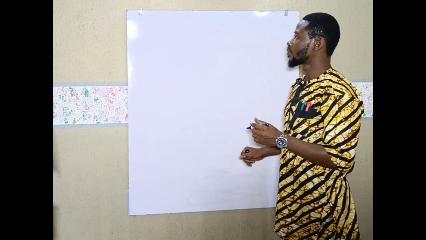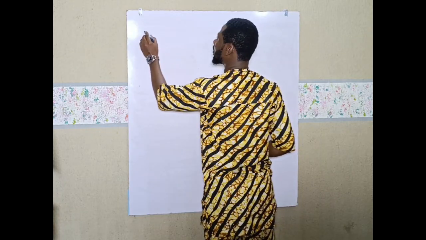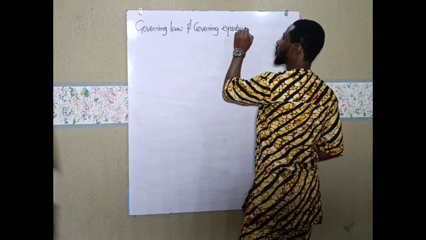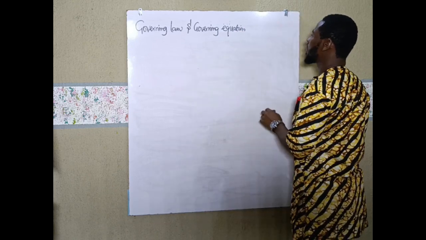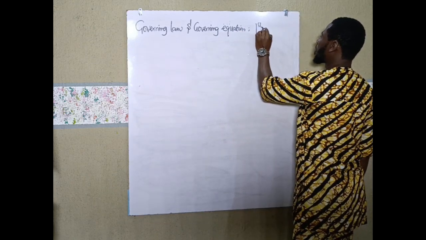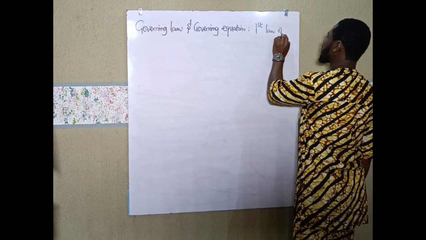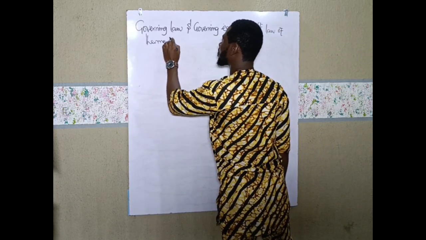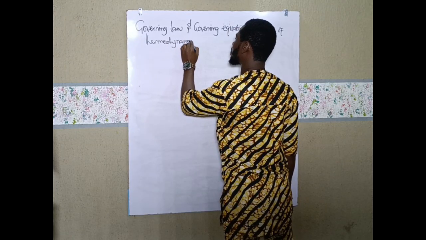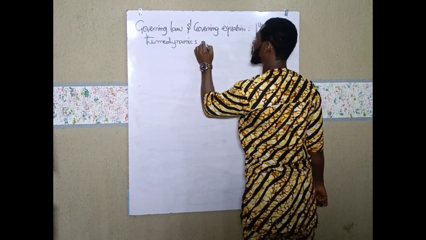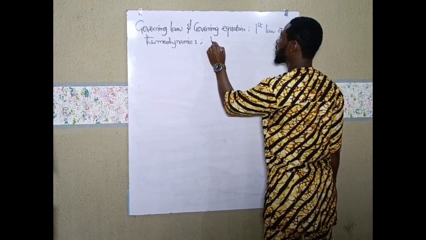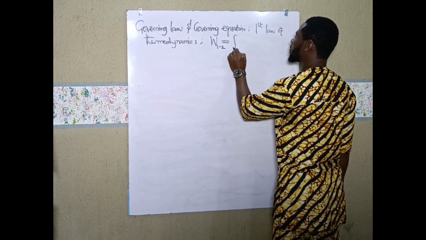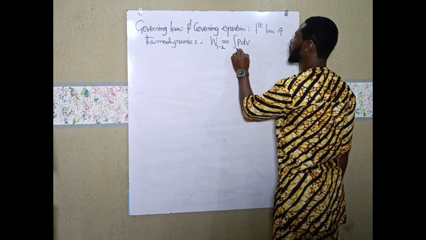Step 5, the governing laws and governing equations. The governing law is first law of thermodynamics, and the governing equation is given as integral P dV.